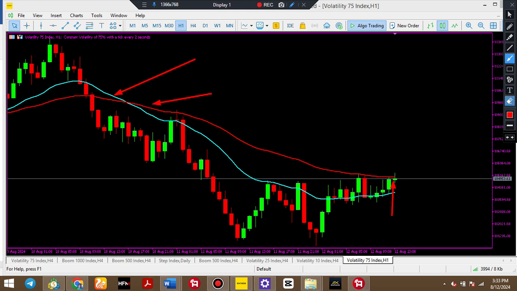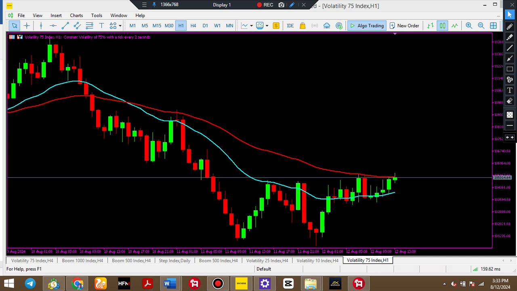I'm not saying the indicators are lying, but the truth is that you can't just rely on that information alone and think you are going to be profitable. Because for this line to cross the other line, there are certain parameters that you must check and see before you take a buy. First, you have to check where price is coming from. In the forex market, there's what we call liquidity.